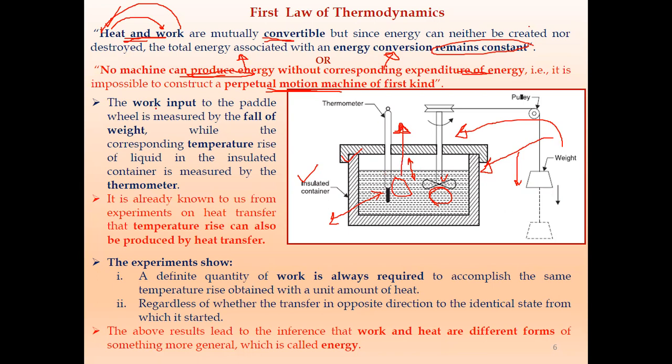So the work input to the paddle wheel is measured by a fall of weight. So this is how work input will be there. It is measured by means of fall of weight, while the corresponding temperature of the liquid in the insulated container is measured by a thermometer.